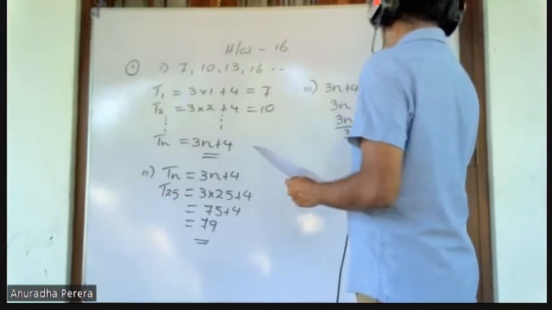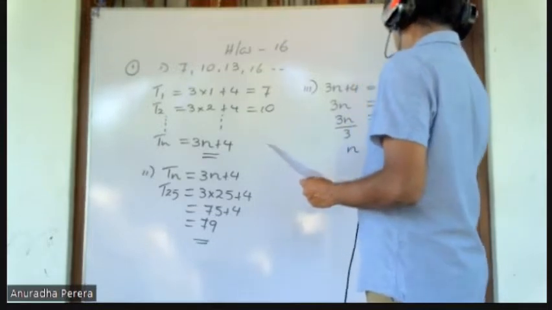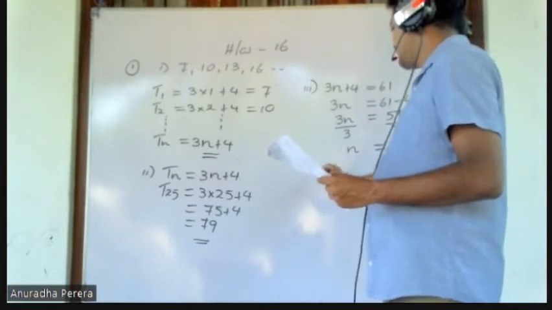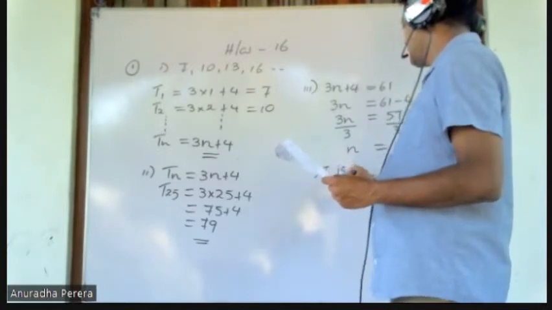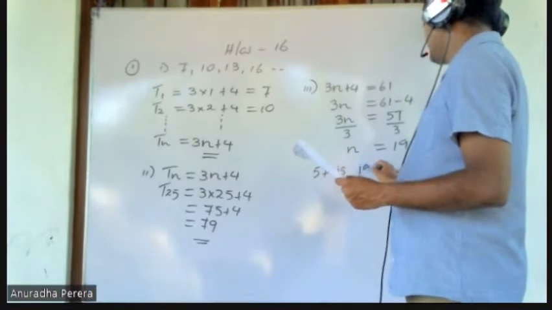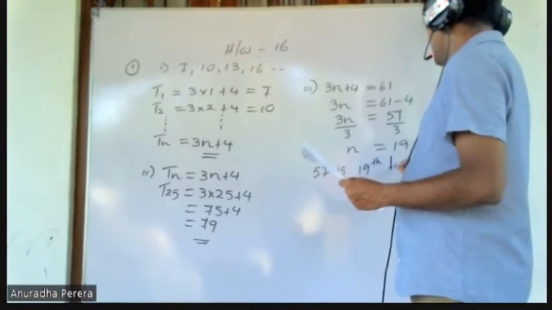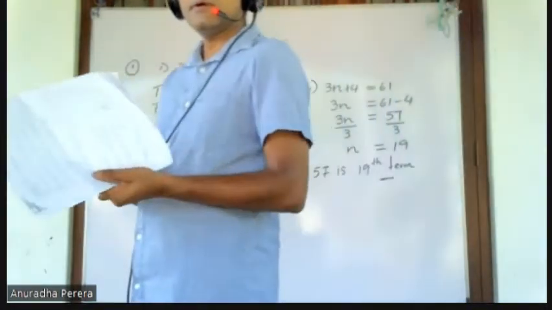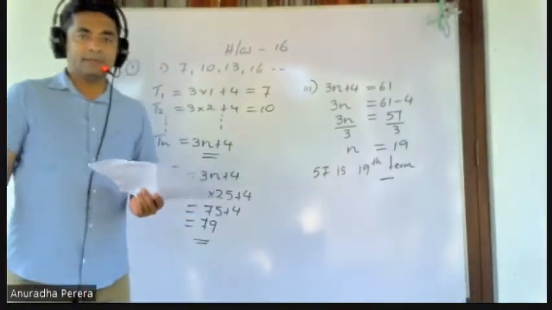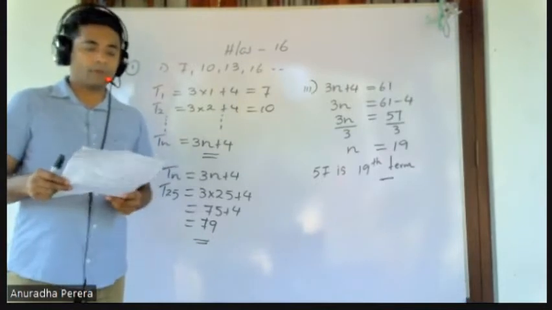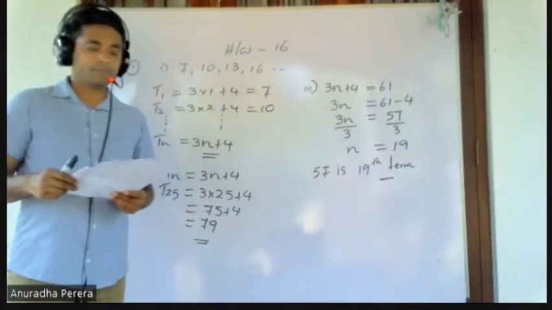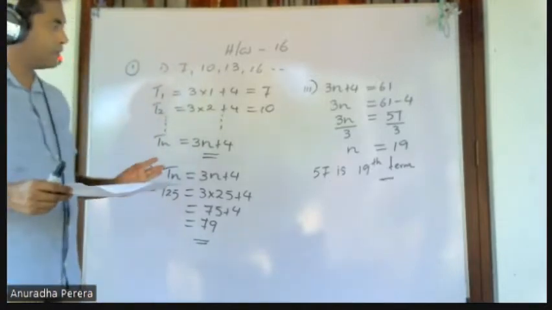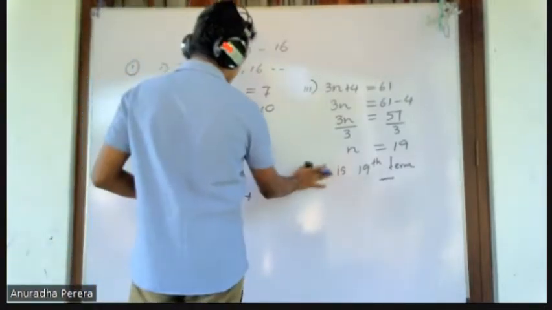Divide by 3. n equals 19. Sir, 61 is the 19th term. Yes, 61 is the 19th term.